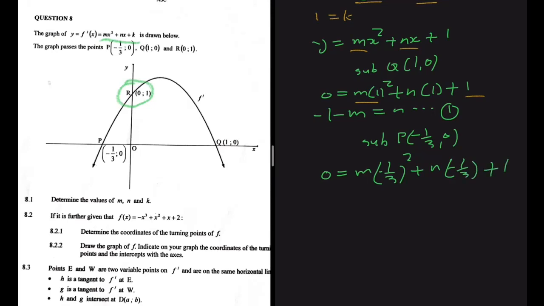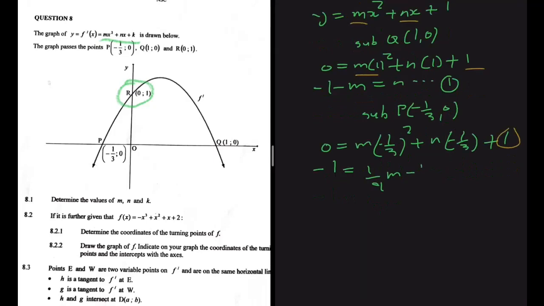So we get minus 1, taking this 1 to the left-hand side, equals 1 divided by 9 m minus 1 divided by 3 n. So again, let's make n the subject of the formula and equate the two equations, right? We get minus 1 minus 1 divided by 9 m equals minus 1 divided by 3 n.